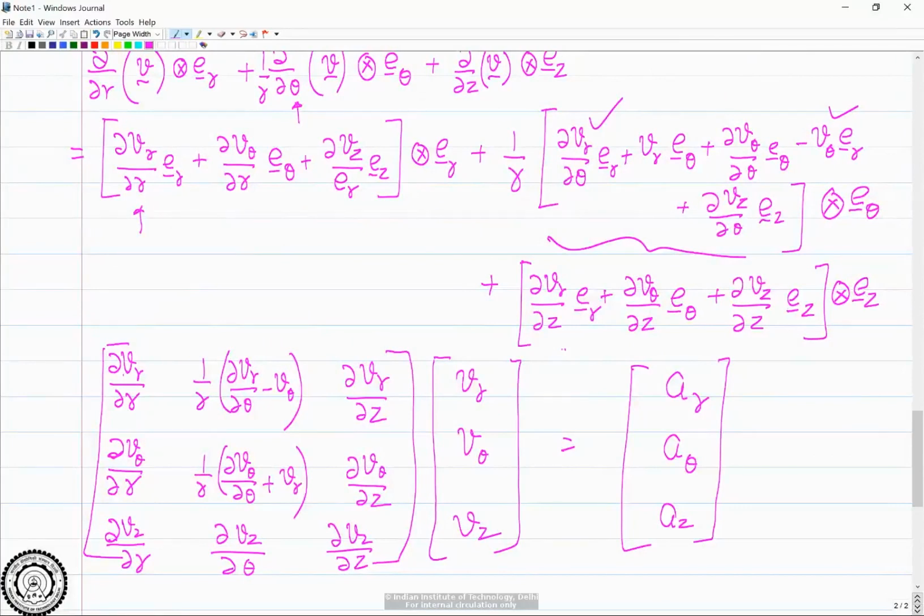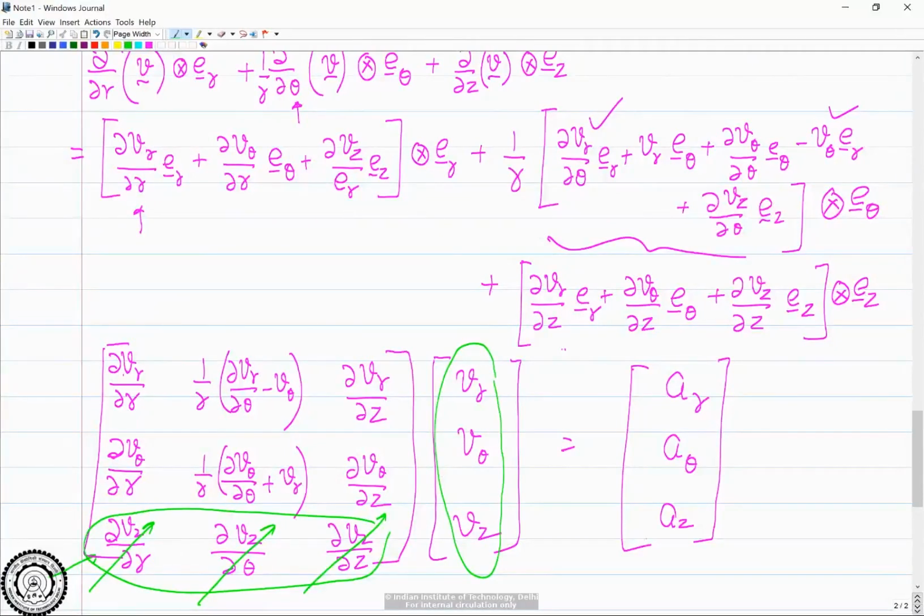Can you see from here what is Az? So for Az, what you have to do is take the third row of this gradient and multiply this with velocity. Now third row of gradient, all of them are 0. Right? These are all 0 because Vz was constant. So therefore Az is also 0.